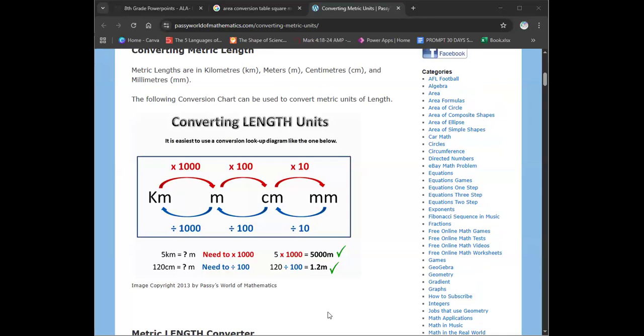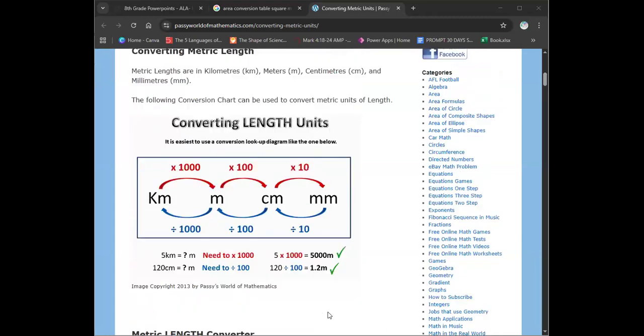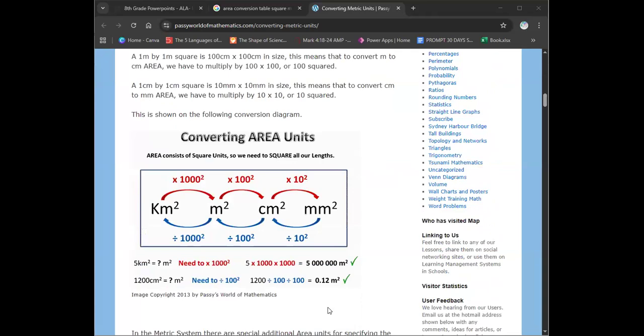This first one is for length. This second one is for area. So is this the one you were talking about? I think so. Yeah, that looks like it. Yeah, converting area units. Okay.